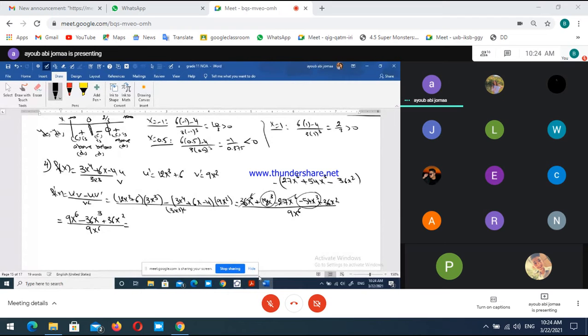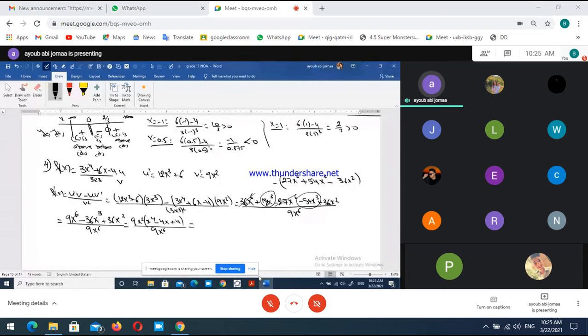Simplify. Here you can take 9x squared as a common factor. So you get x power 4, and here minus 4x, and here plus 4, over 9x to the power 6. So again you can take 9x squared common; between brackets you get x power 4, 36 by 9 is 4, so minus 4x, and here 36 by 9 is 4, so plus 4.